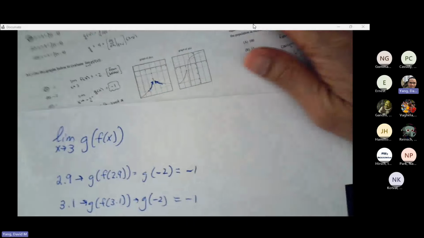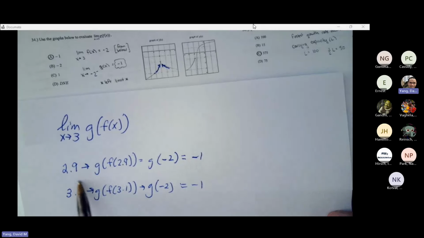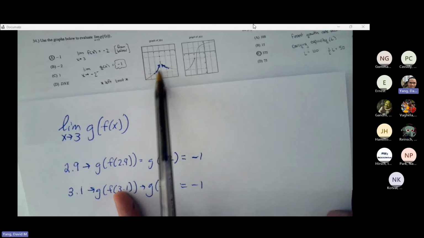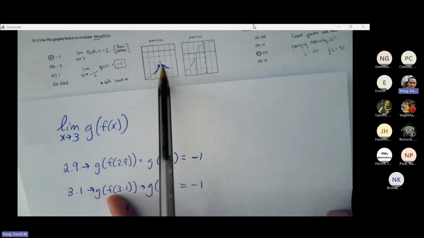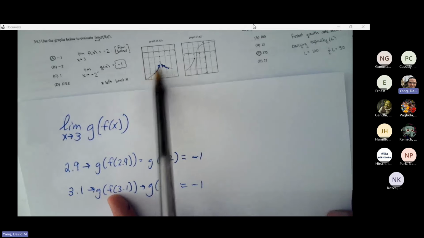So if I played with numbers close to 3, like I tested 2.9, for instance, if I plug 2.9 in for x, it'll be f of 2.9. F of 2.9 is getting closer towards -2. It's getting close towards a y value of -2.